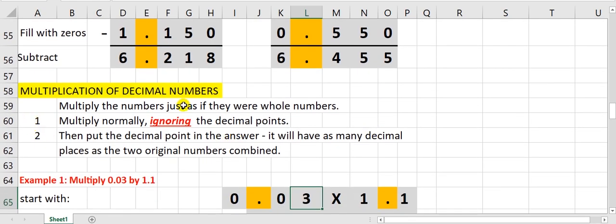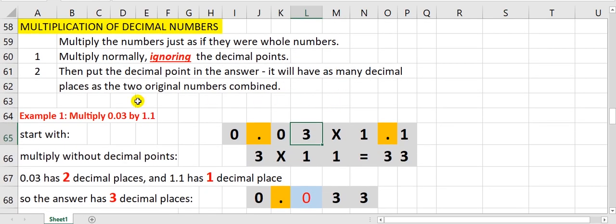Multiplication of the decimal. In multiplication here, take care to simplify the solution. Ignore the decimal points and multiply without the decimal places. Example 1 here. 0.03 multiply by 1.1.